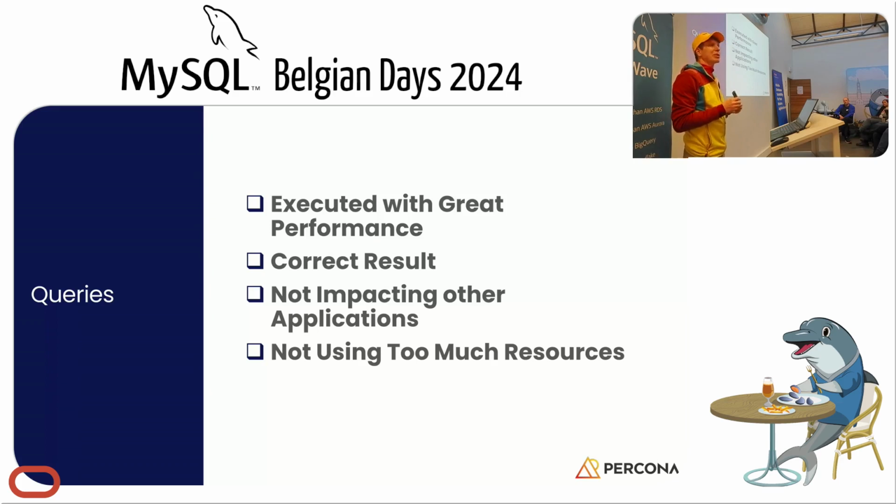We also want not to impact the other applications. And I think that especially applies to Java users, because I know what Java people do when a database doesn't work well. They say, hey, why don't I start 200 threads? And now things will become magically faster. But nobody else can get anything done at the database.